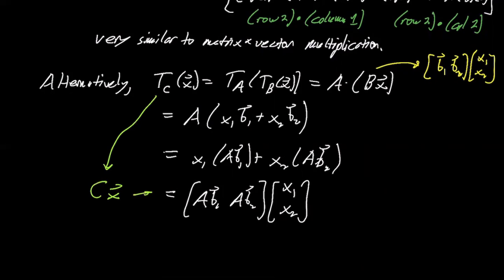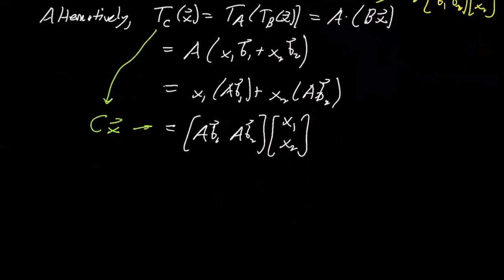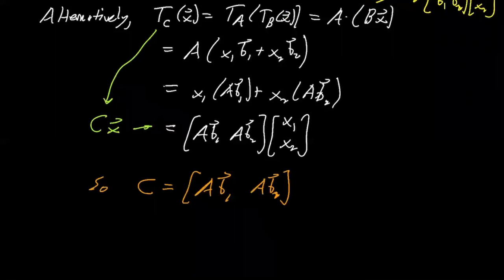So that equals that, which means that C is the matrix whose columns are, we basically multiply A times the columns of B. You also see this if you do some reading or exploring of matrix multiplication. This is another way to think about it.